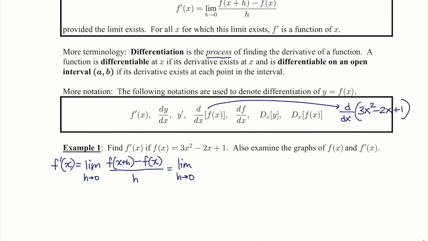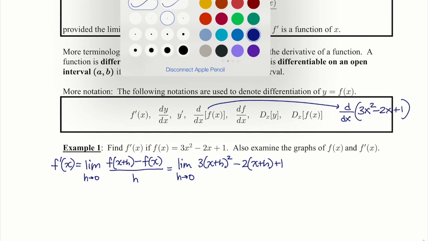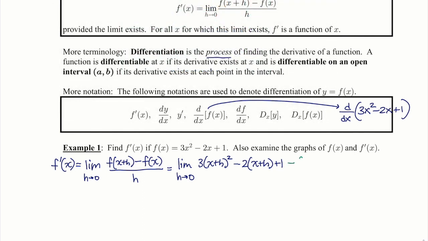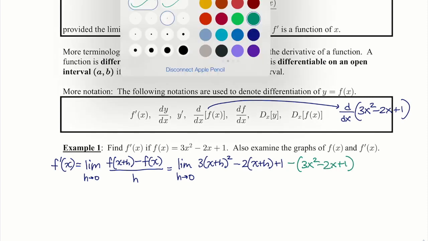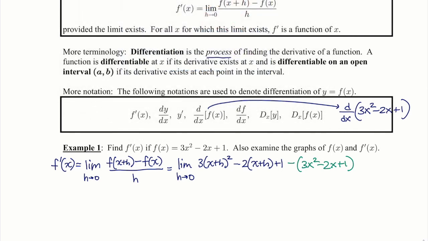But f of x plus h will look like 3 times the quantity x plus h squared minus 2 times the quantity x plus h plus 1. And then we want to subtract f of x. So we'll subtract 3x squared minus 2x plus 1. And again, anytime f of x has more than one term, you want to be sure to put parentheses around that group so that you subtract all of those terms.